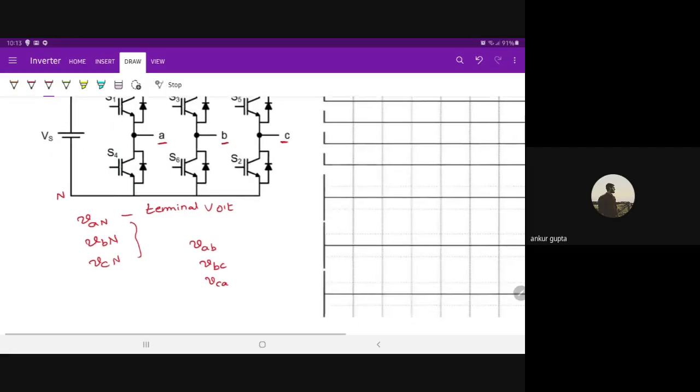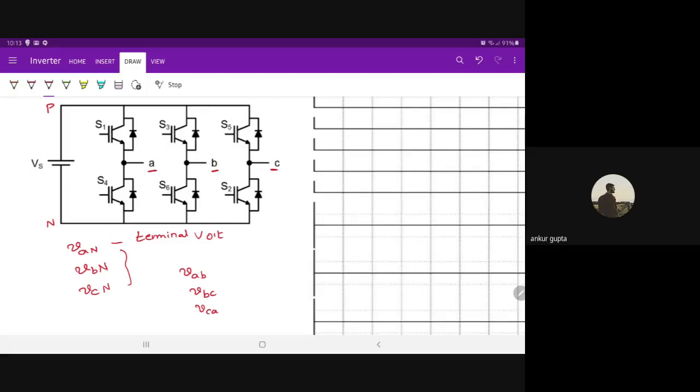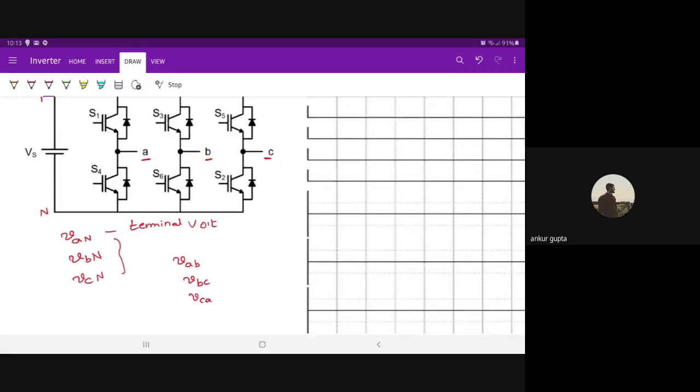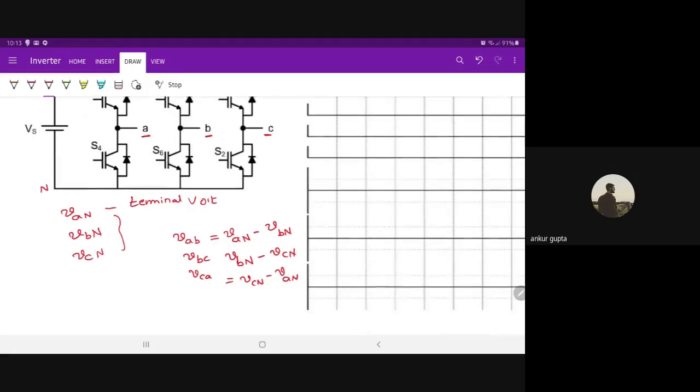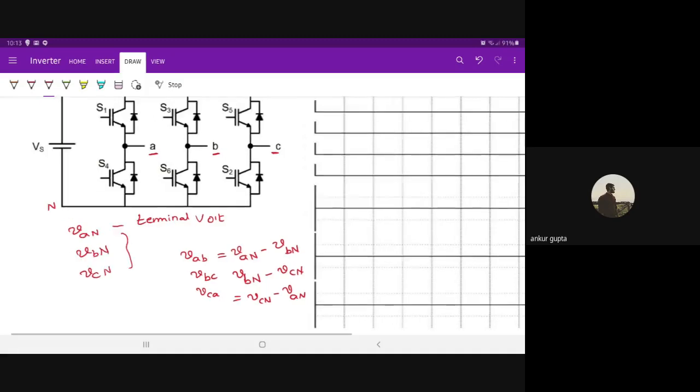We cannot directly obtain the line voltages, but they can be obtained by measuring the terminal voltages: VAB is VAN minus VBN, similarly VBN minus VCN, and VCN minus VAN. So from the terminal voltages we can obtain these line voltages.